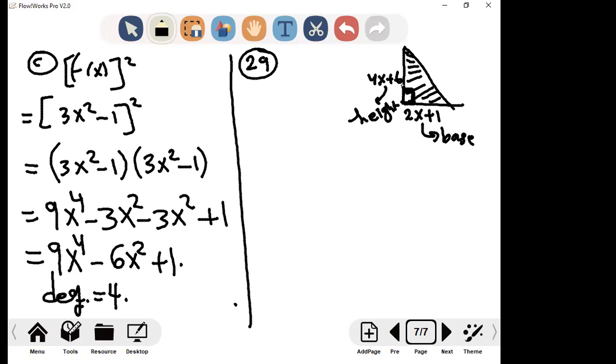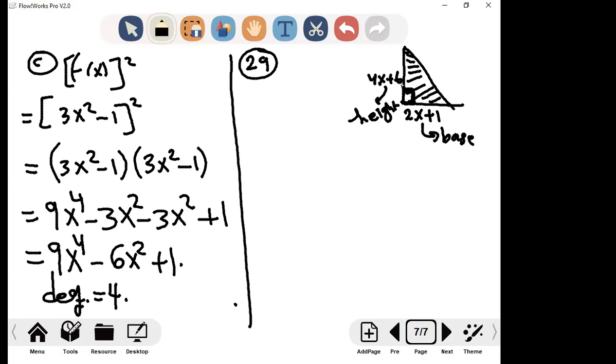Who remembers? This is the Pythagorean theorem. What is the area? Area of the rectangle is length multiply width, right?